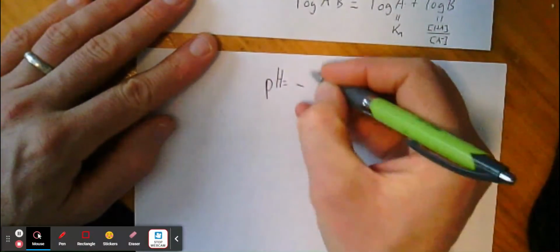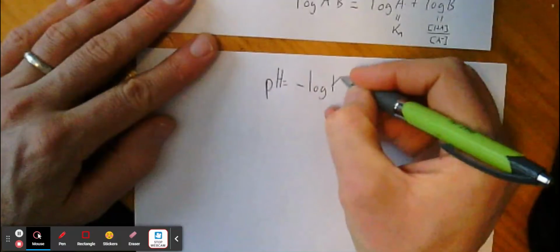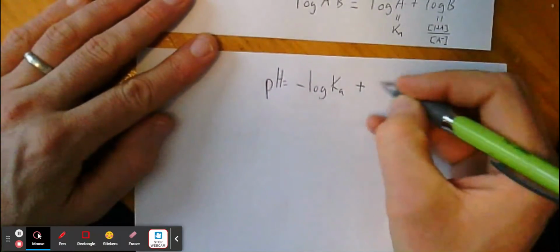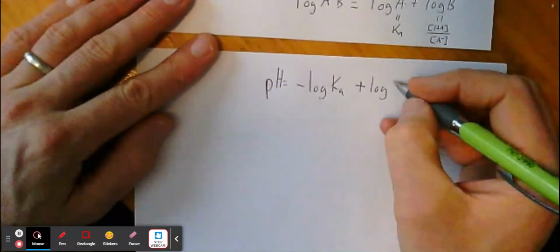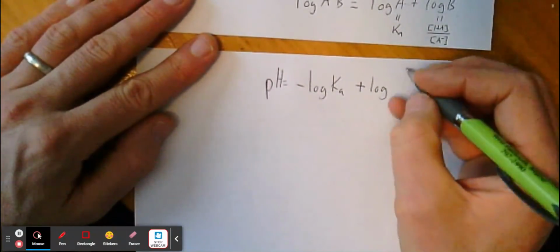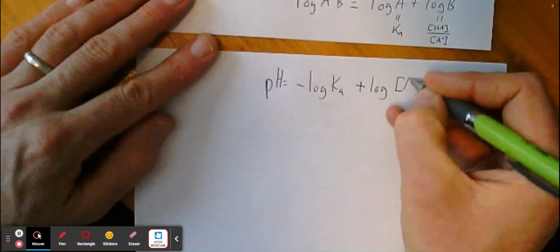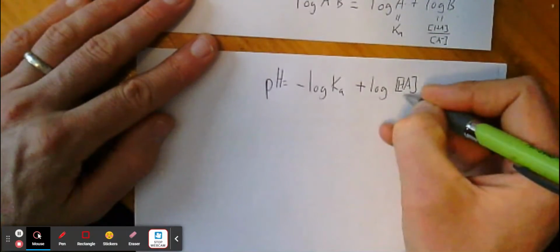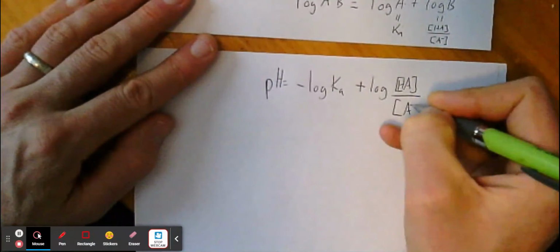pH equals the negative log of Ka plus the log of HA over A negative.